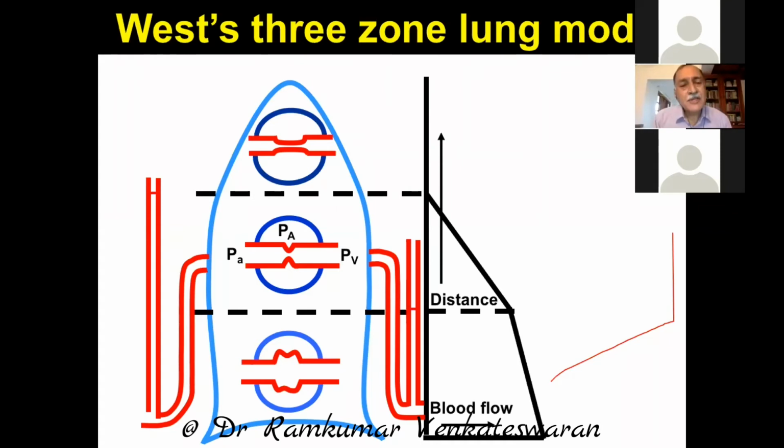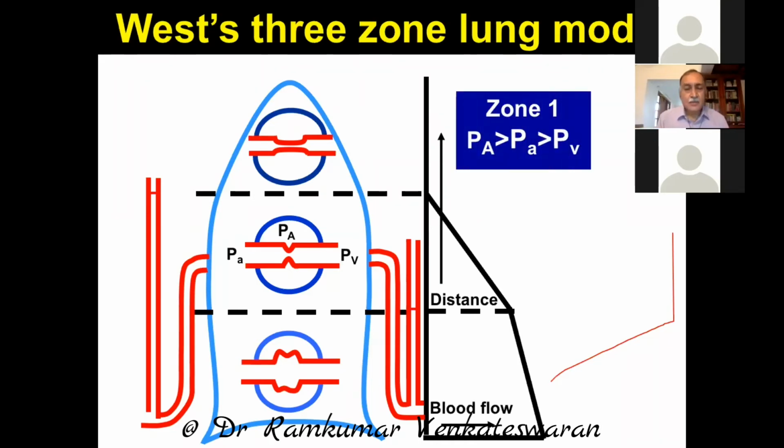If the alveolar pressure is very high, then in what we call zone 1, the capital PA alveolar pressure is higher than the pulmonary arterial pressure, which in turn is higher than the pulmonary venous pressure, and this West referred to as zone 1. And in this, though the arteriovenous pressure difference eventually determines how much blood flows through the particular slice of the lung, the alveolar pressure will determine.